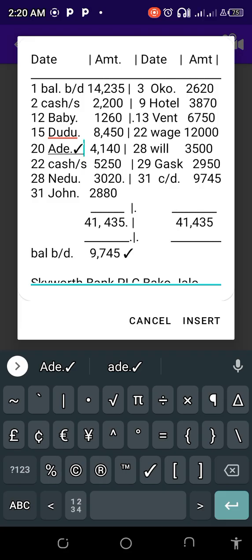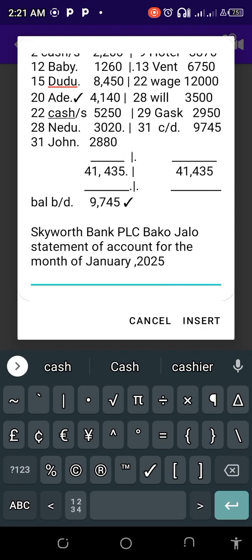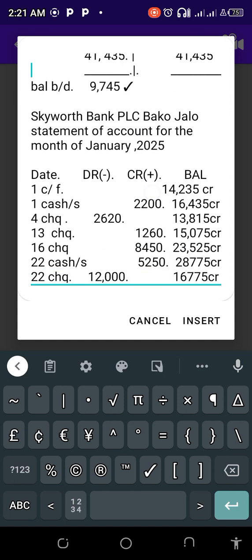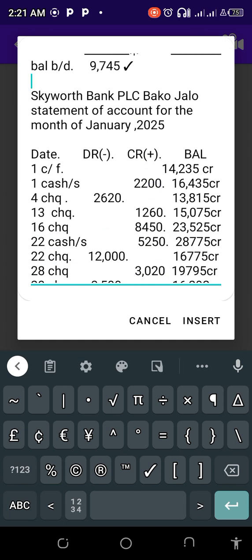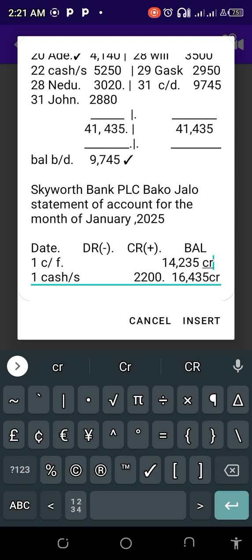So we move ahead. On the 22nd, there was cash sales of 5,250. Let us go and check whether that cash sales is there. Cash sales on the 22nd, 5,250. So let us proceed.